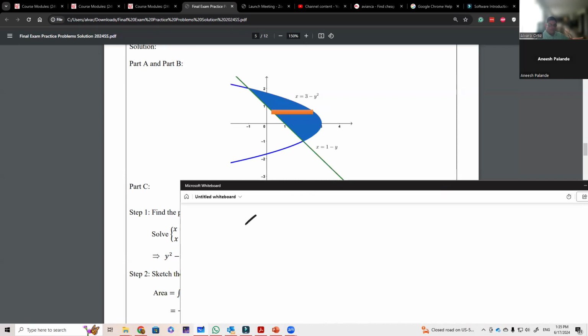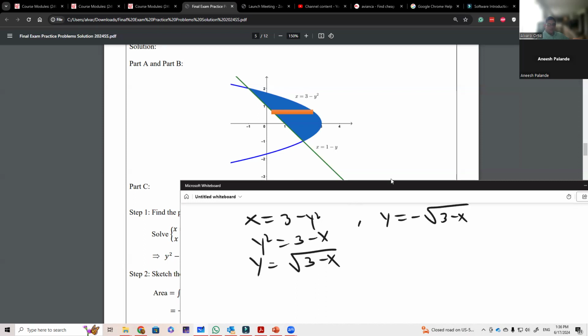If x equals 3 minus y squared, then y squared is 3 minus x, and then y is going to be the square root of 3 minus x. And this is the positive, the positive on the top. So this curve is the positive, but down here will be negative. It kind of depends on where it is. You can see this piece here below the x-axis is given by minus square root of 3 minus x.